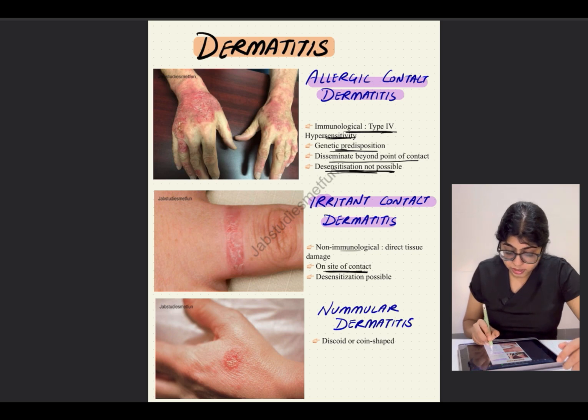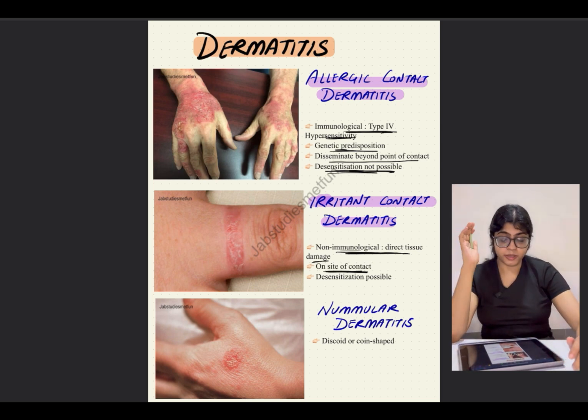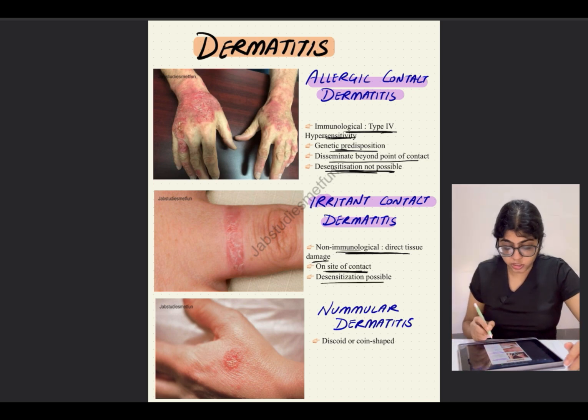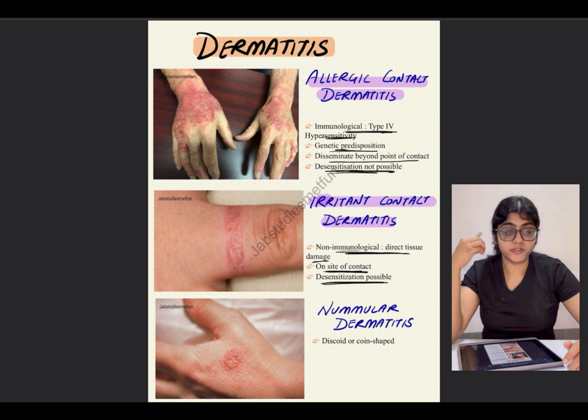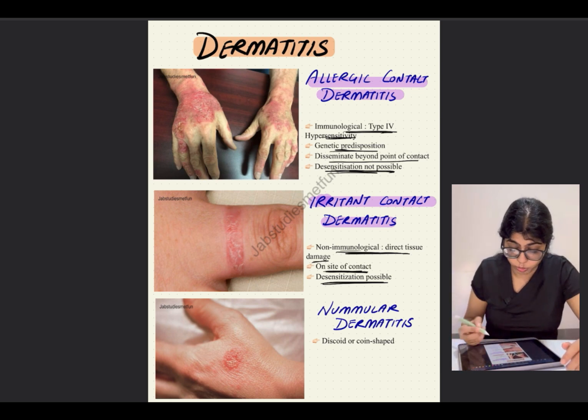Irritant contact dermatitis is non-immunological and it is direct tissue damage. It does not include any hypersensitivity reaction. Directly the tissue comes in contact with an irritant and it will be damaged. And desensitization against that irritant is possible. However, in allergic contact dermatitis, we saw that desensitization is not possible.